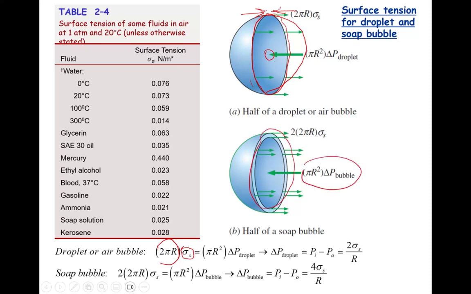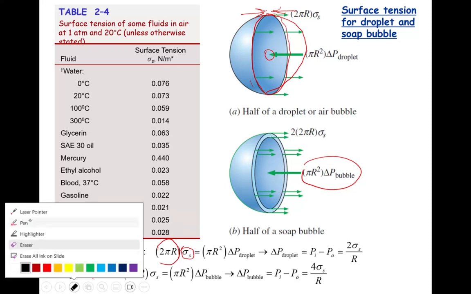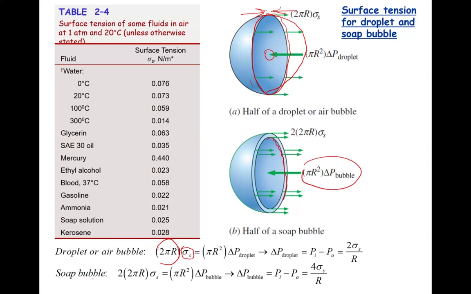However, one thing is different: in this case it has two, because the inside of the bubble is void, so the surface tension acts around the perimeter inside the bubble, and another one outside the bubble.